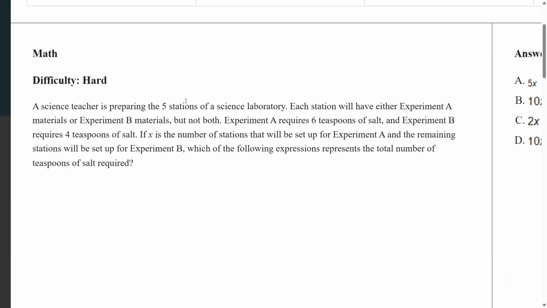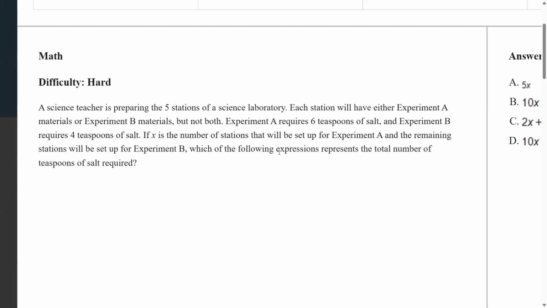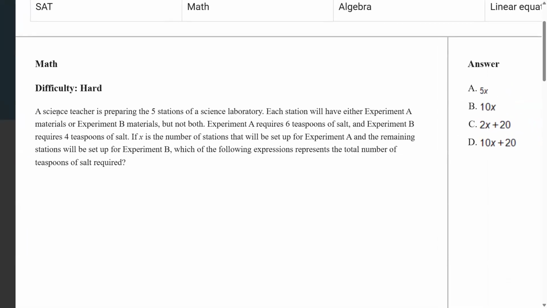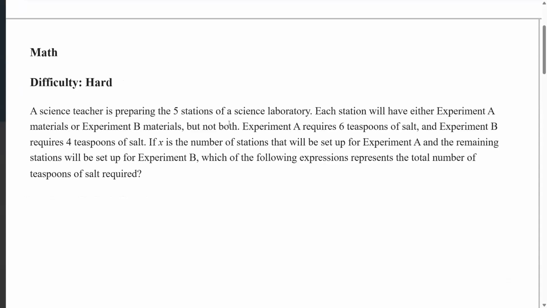Science teacher is preparing the 5 stations of science laboratory.